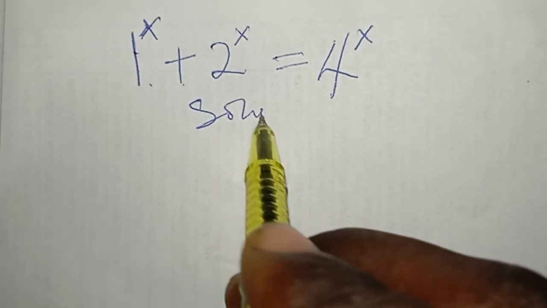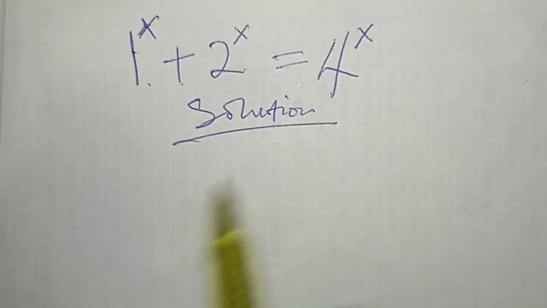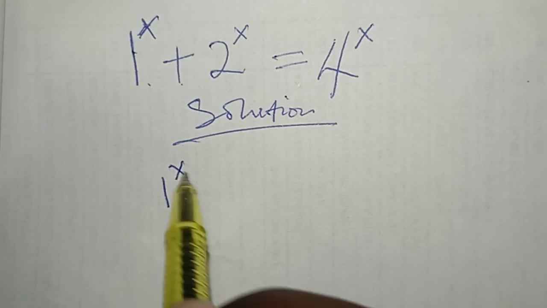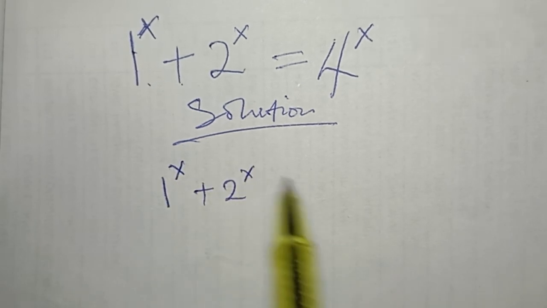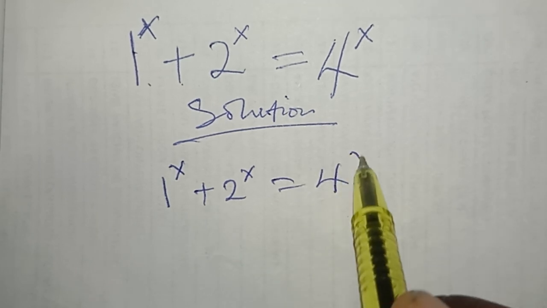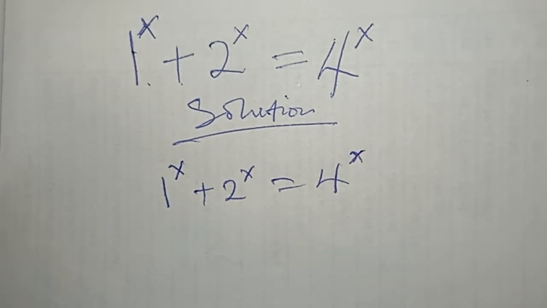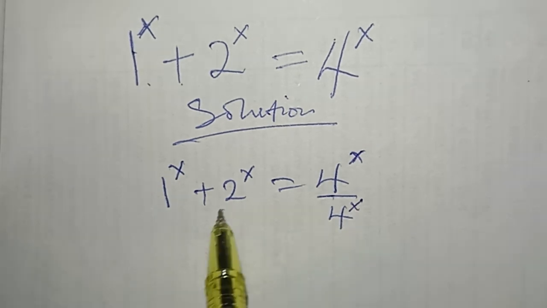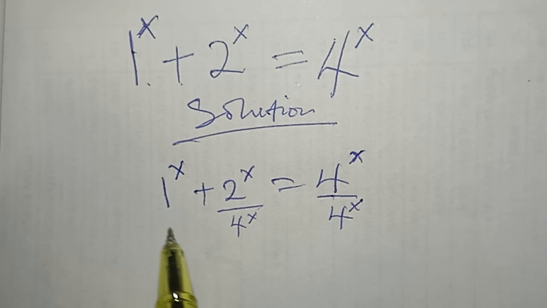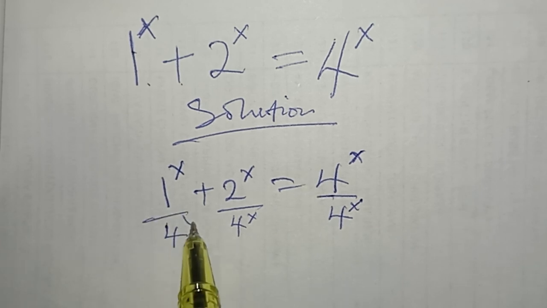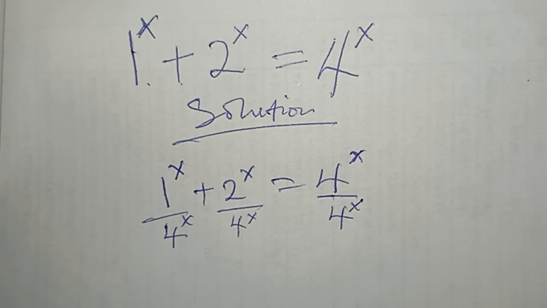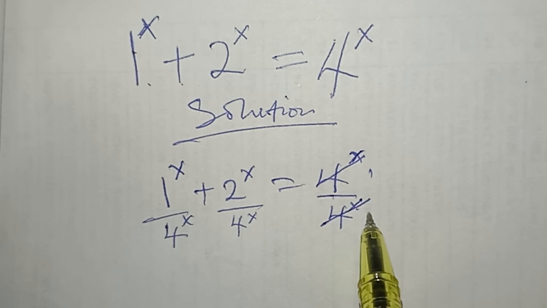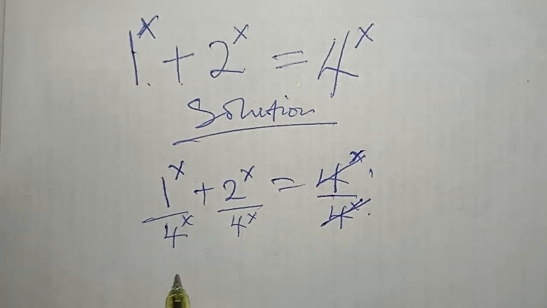Okay, so I like to start by writing solution, and then this is 1 power x plus 2 power x, and of course is equal to 4 power x. So what I'm going to do is actually to divide through by this 4 power x first. 4 power x and 4 power x, and of course here gives me 1, which is 1 over 1 is actually 1.